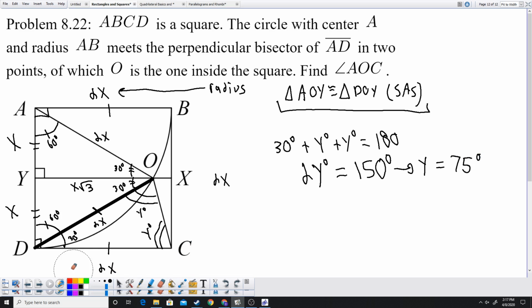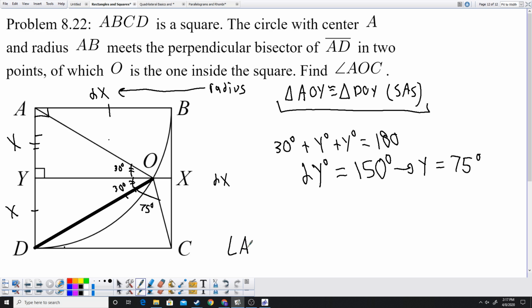So let's clear up this diagram a little bit. I don't need the side lengths anymore. I don't really need much of these angles anymore because I've already determined that this angle right here is 75 degrees, which means the angle at AOC is equivalent, the measure is equivalent to 30 plus 30 plus 75 degrees.